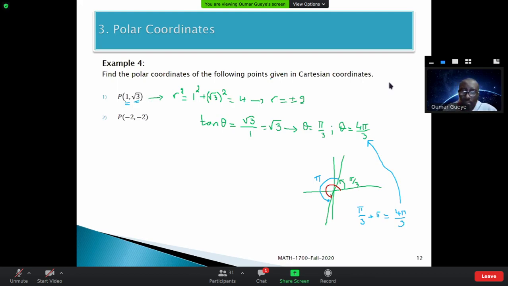Okay, you guys can see here you have several possibilities. You have 2 and pi over 3. I'm going to list all of them and we'll see which one we have to pick. This is one of the solutions, by taking 2 and pi over 3.